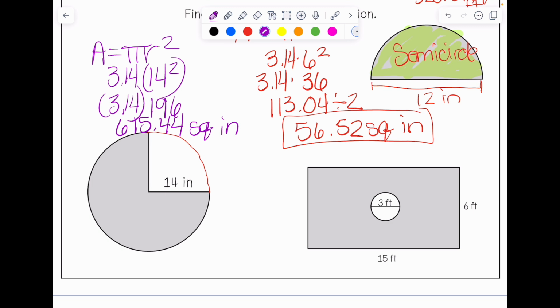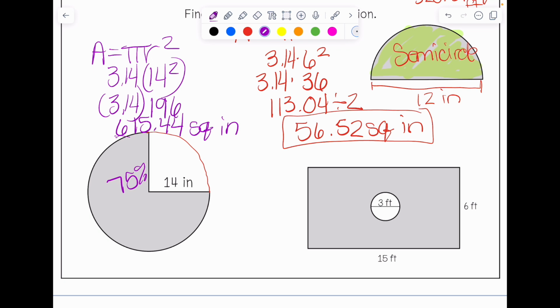I have 3/4 of a circle. So there's a couple of different ways that you might do this. When we see this circle, I see 3/4 of a circle. That's the way I view it. Some of you might see it as a full circle minus 1/4. Either way, there's a couple of different ways you could do this. So I know that I have 3/4 of the circle, or I might think 75% of the circle.